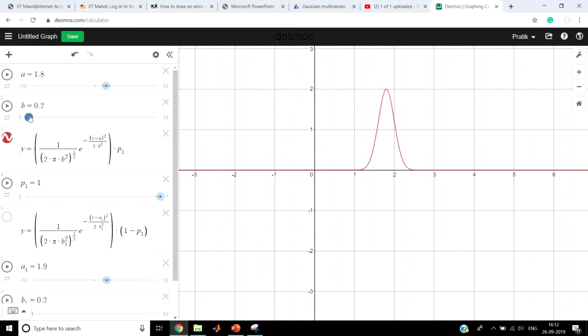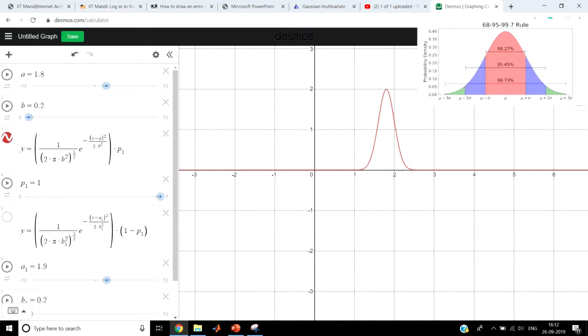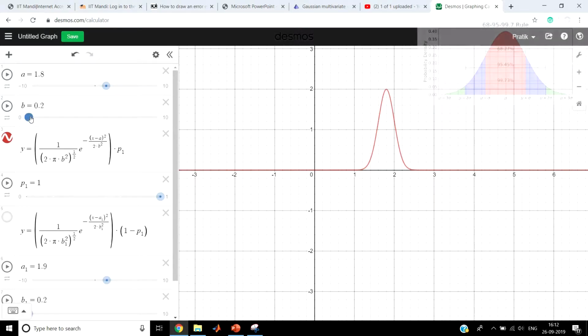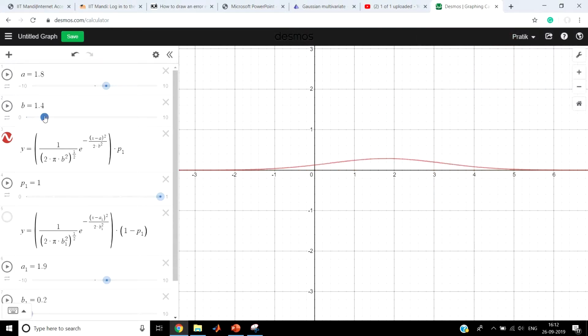When B is very small, say 0.2, it is a very narrow curve, so a lot of area will come inside this. Remember I said mu plus sigma, mu minus sigma should have 65% of the area. As you increase this, the variance starts to increase and the area starts to spread. That is the beauty of variance that you can see over here.